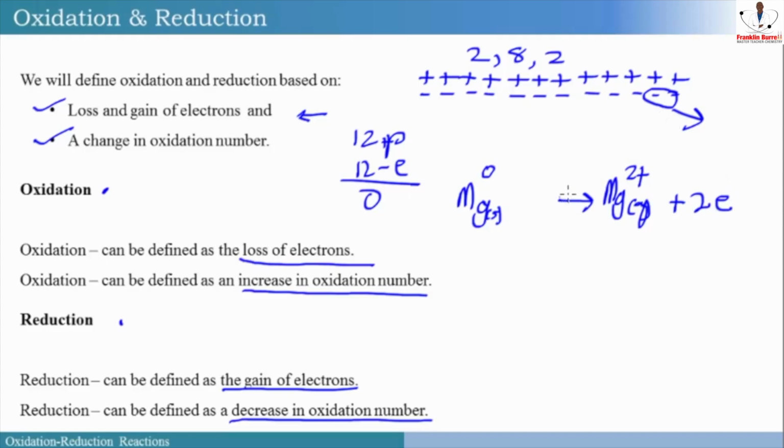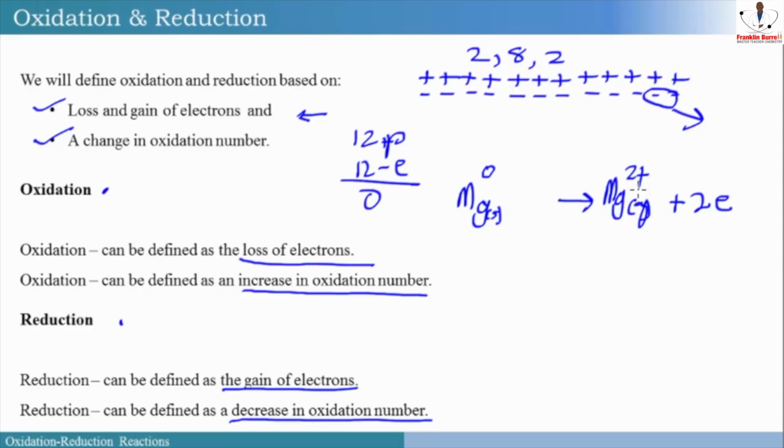Well, the reason for that is because if I put the electrons on the left hand side, I will not be able to get both mass balance and charge balance. So if I put the electrons here, then I'll have mass balance okay, but I will have my charge balance out of whack. I'll have 2 electrons on this side and a 2+ charge on this side, and I don't want that. What I want is to have no charge on this side and no charge on this side.